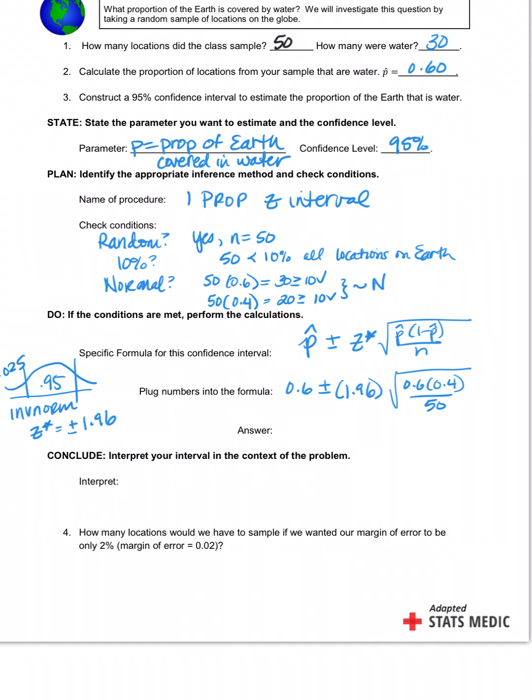Now we do some number crunching. Don't round your decimals to the very end, and then I would suggest rounding to 3 decimals.